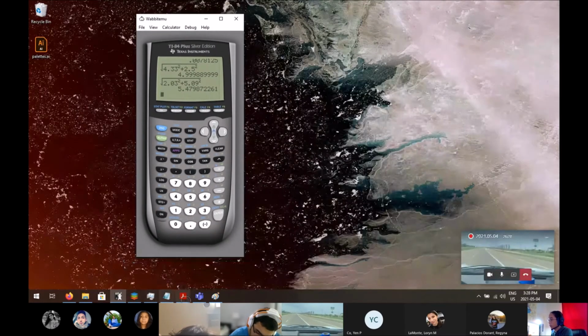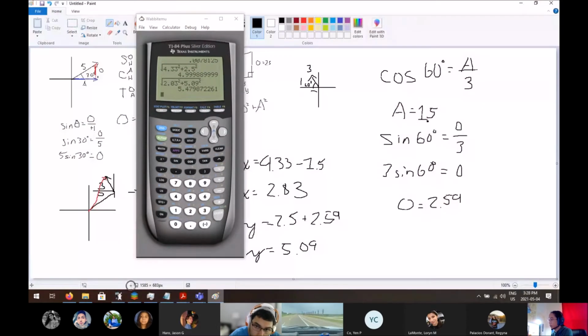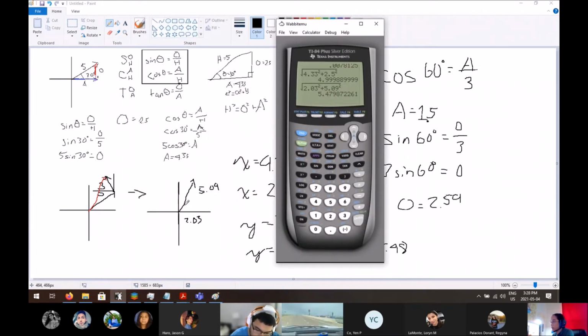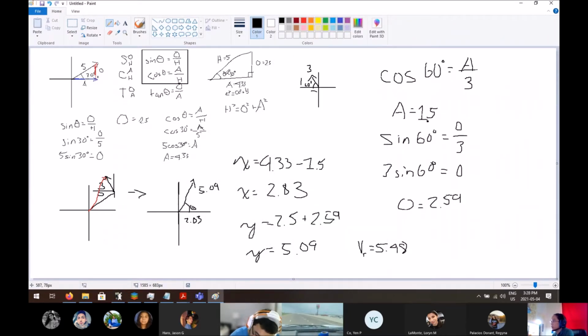Oh gosh, hello. Thank you, Windows. So your resultant vector, let's just do v. Resultant is equal to 5.48. Cool, are we done? No, we are not. We have to find this angle. How do we find that angle? Well, back to trigonometry, you would use tangent because it has O and A.